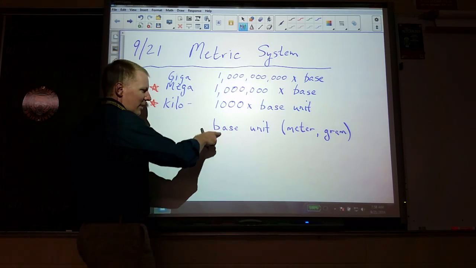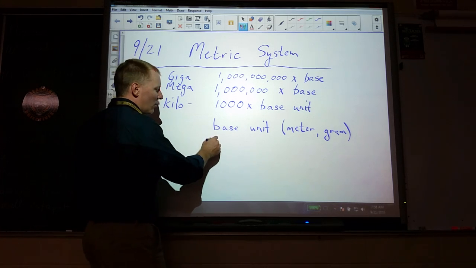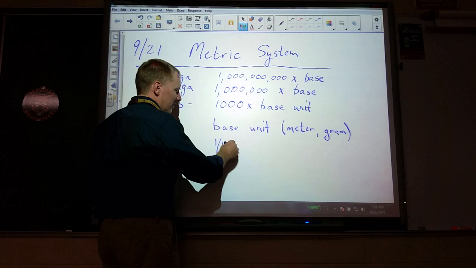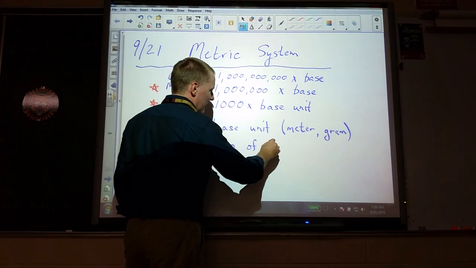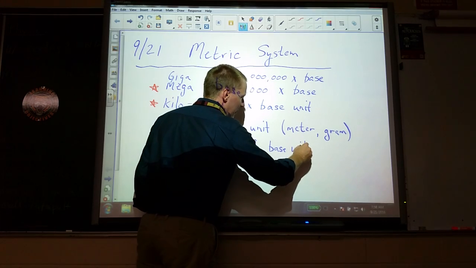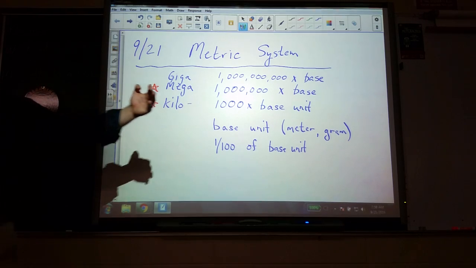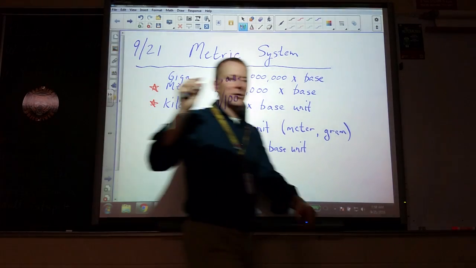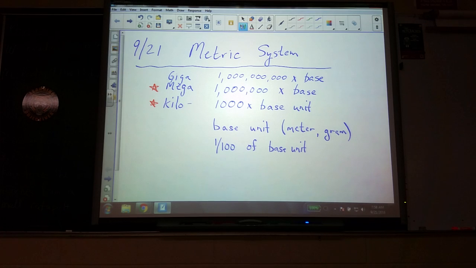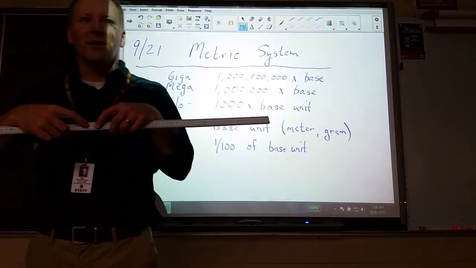Now when we start cutting it up smaller, we actually do use the 1/100th measurement, and we use it in length mostly. So if you take a meter and you chop it up into 100 smaller pieces, what do we have? What's the distance there between my fingers?